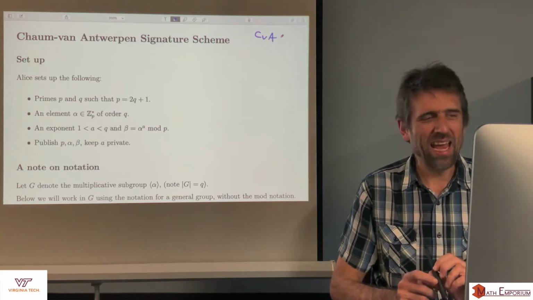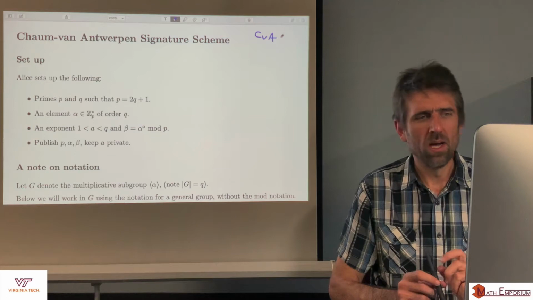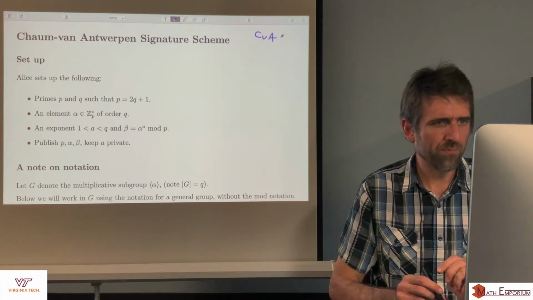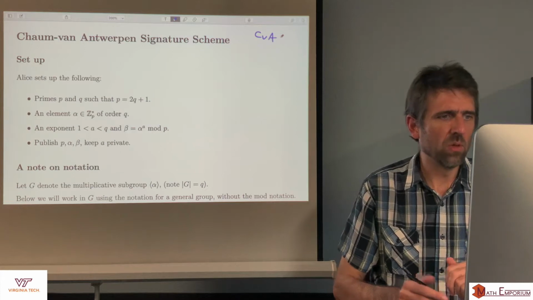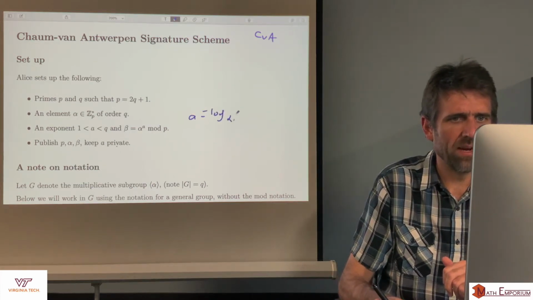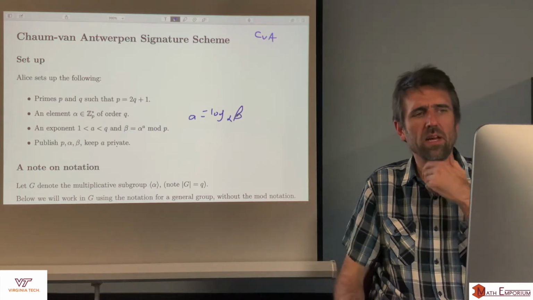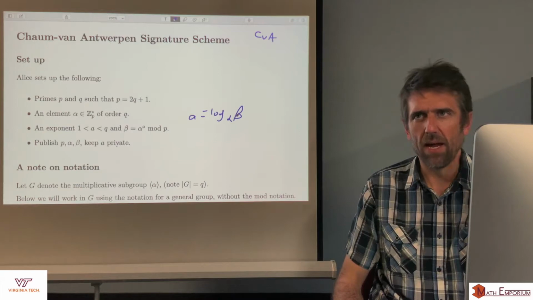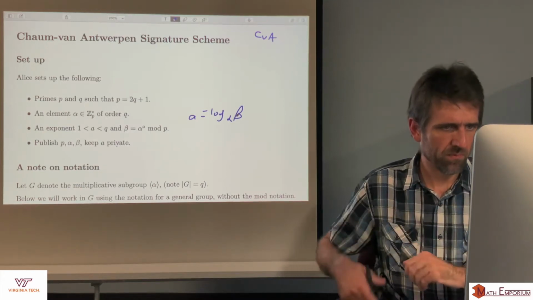Then an exponent A between 1 and Q, and beta equal to alpha to the A mod P. As usual, A is log base alpha of beta. The public parameters will be P, alpha and beta, and A will be kept secret.